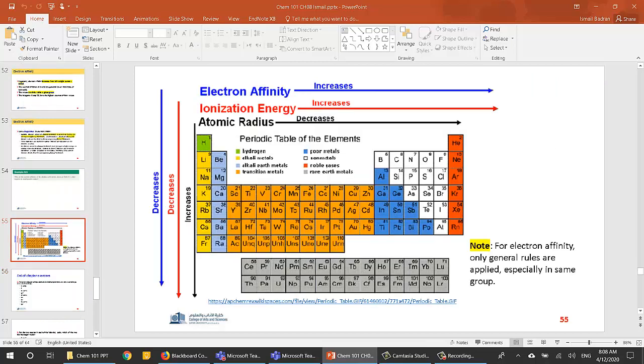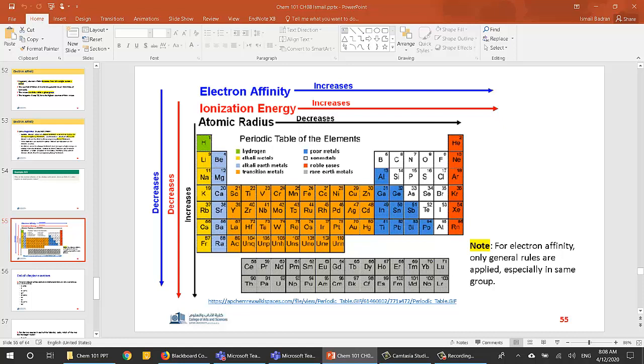So to generalize and finalize this chapter, we talked about 3 things. We have the size, which is the atomic radius, we have the ionization energy, and we have electron affinity. Ionization energy and electron affinity both increase as you go from francium to fluorine, while size actually decreases.